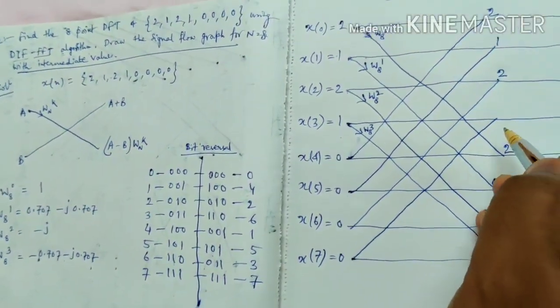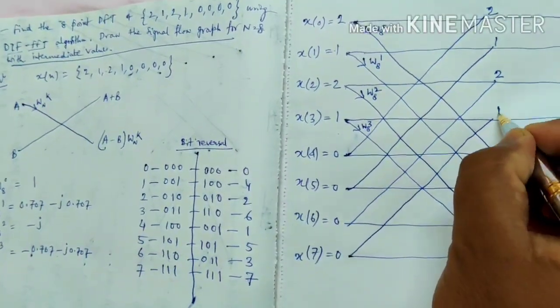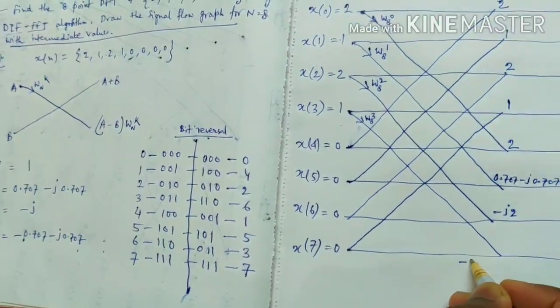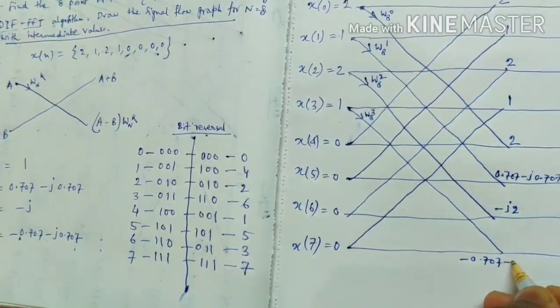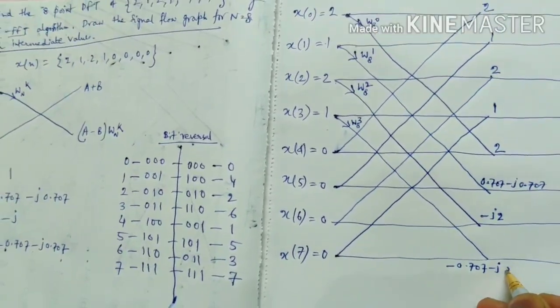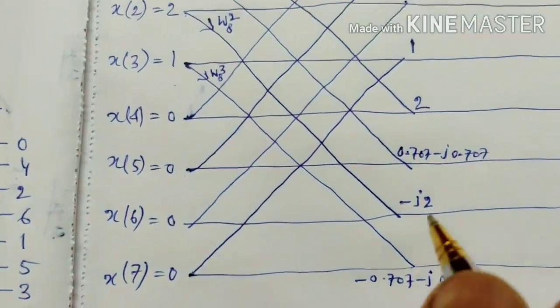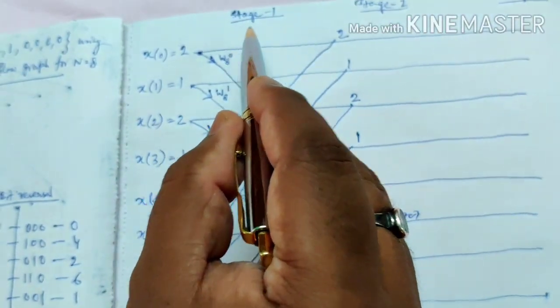So that multiplication will give 1 and that value will be minus 0.707 minus j 0.707. So this is the complete operation of stage 1.